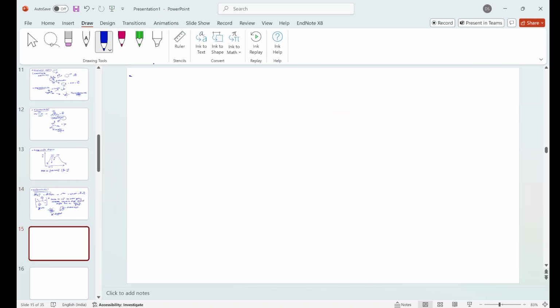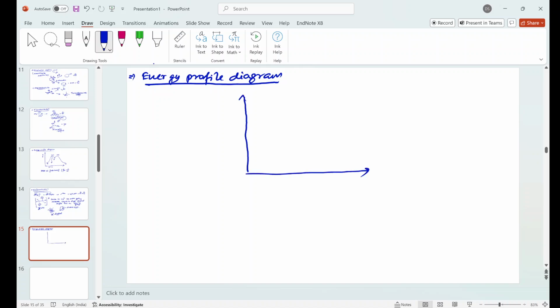So from that, if we see the energy profile, what it will look like. You have the reactant and a very similar single curve going to the product.